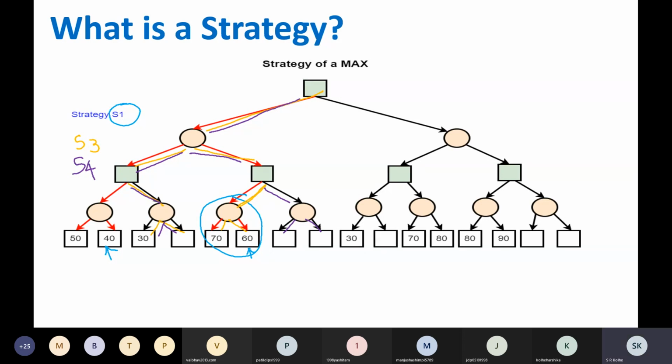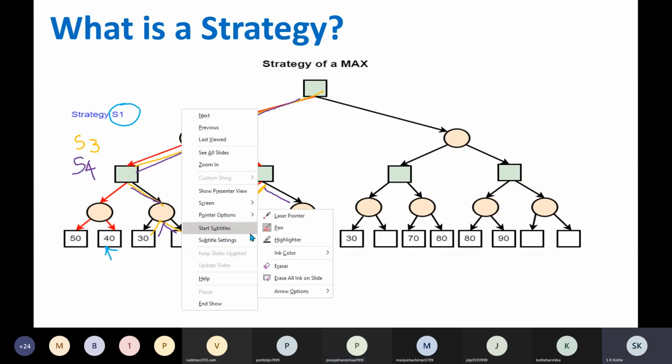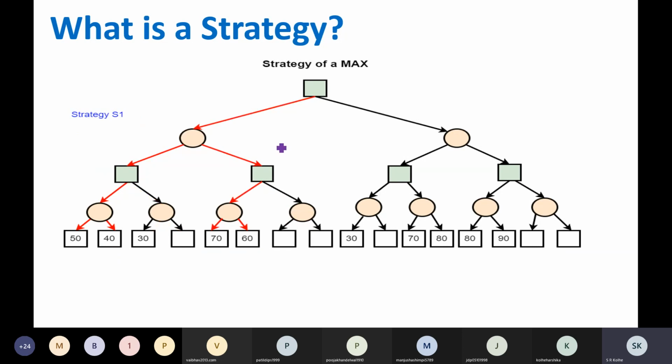All possible strategies. 8. Right. So there will be 8 strategies. What are those 8 strategies?